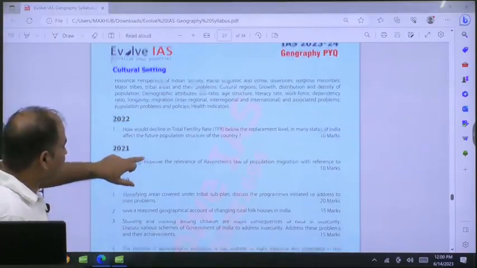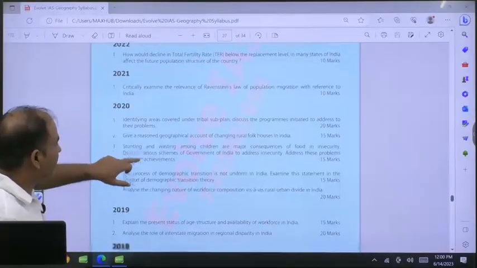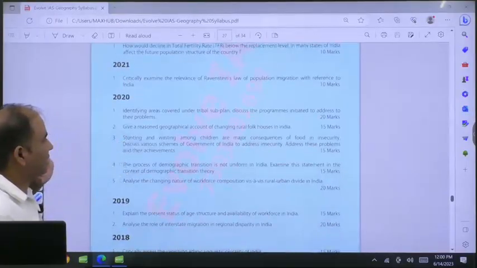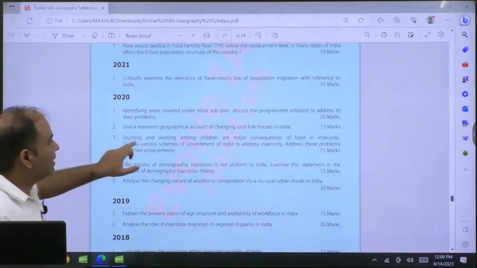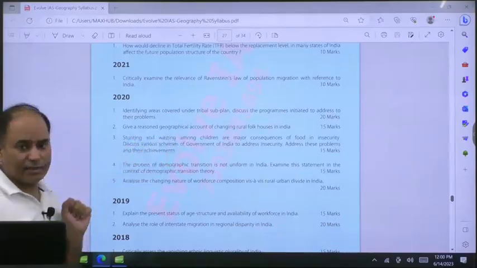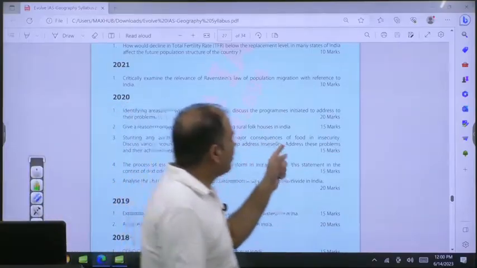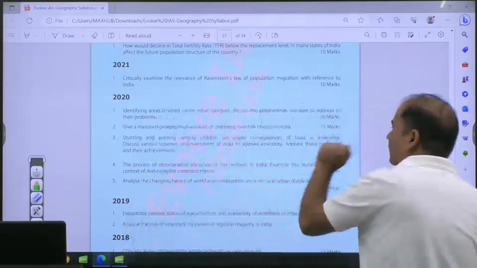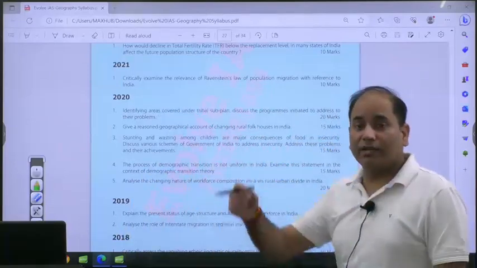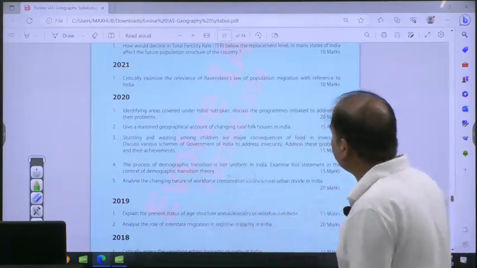Similarly, in 2020 there was question number 3: stunting and wasting among children are major consequences of food insecurity. फूड सिक्योरिटी आपका एक टॉपिक है.